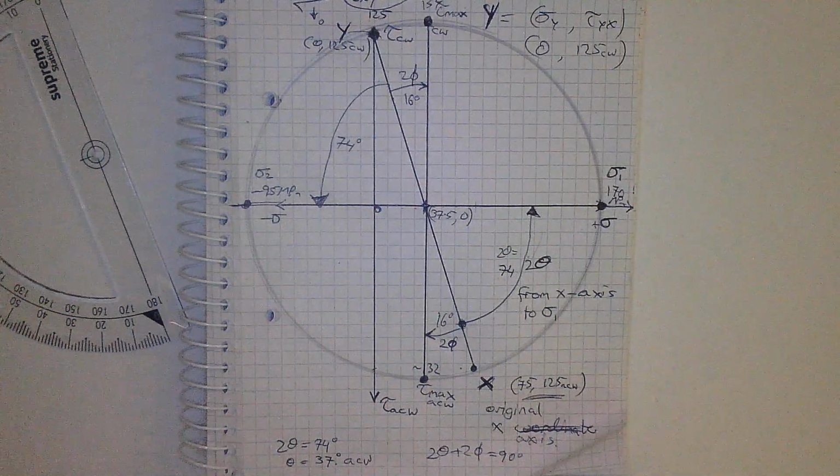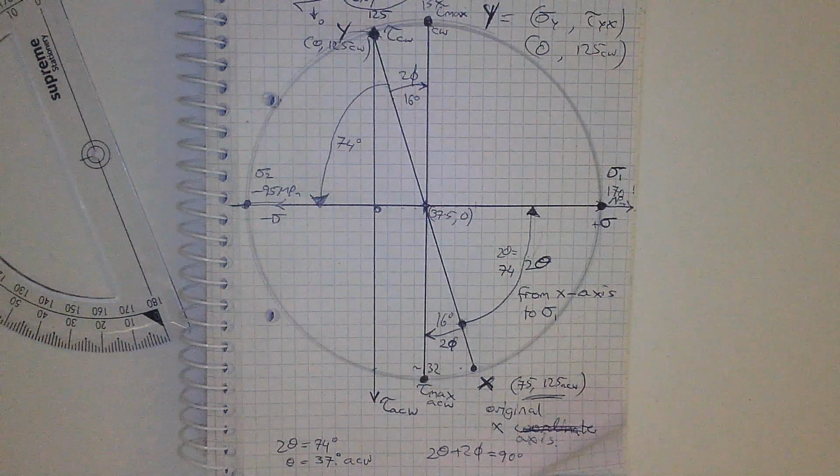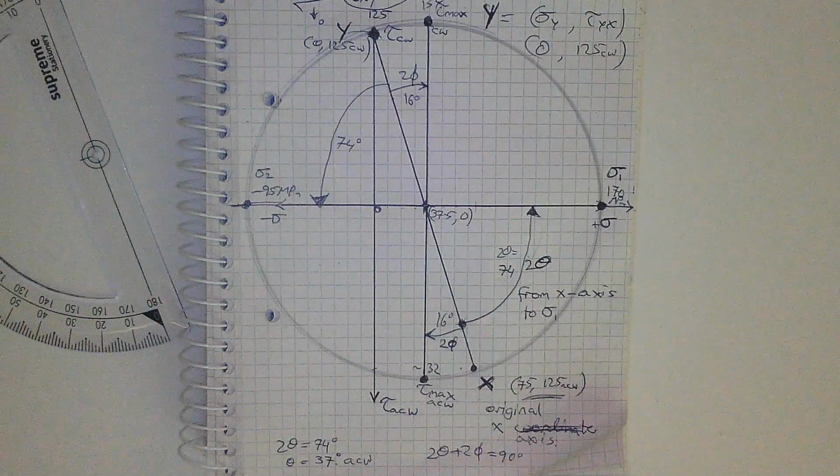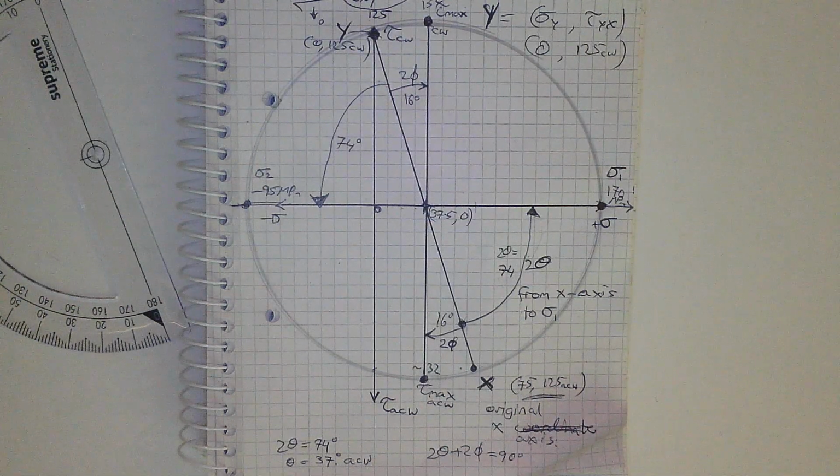Next, there is a version of the stress transformation formulas that effectively allows you to work out the center and radius of the circle. This version of the formula: sigma theta is equal to sigma x plus sigma y over 2 plus or minus the square root of sigma x minus sigma y over 2 squared plus tau xy squared.